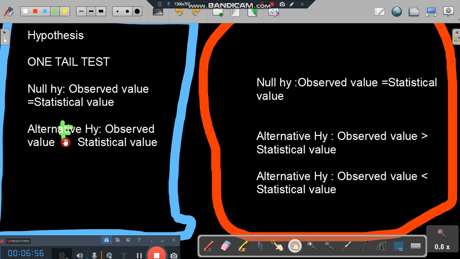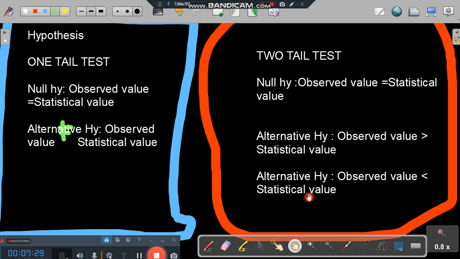that the observed value is not equal to the statistical value. Whereas in the two-tail test, now look at that, we have the null hypothesis as it is, that is, we assume the observed value equals the statistical value, whereas in the alternative hypothesis we have two cases. One is that the observed value is greater than the statistical value.